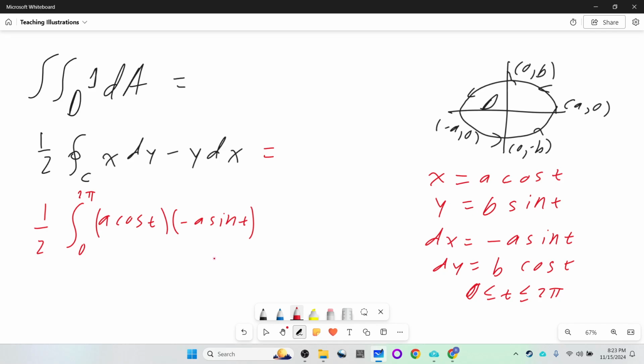Hang on, do I have that right? Yeah, I think so. Oh, dy. That's why it was x dy. Sorry, I wrote dx. x dy is a cosine t times b cosine t, minus y, which is b sine t, times dx, which is negative a sine t, dt.